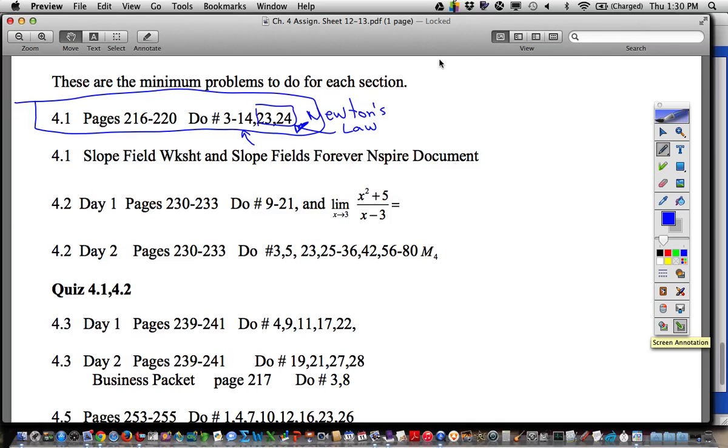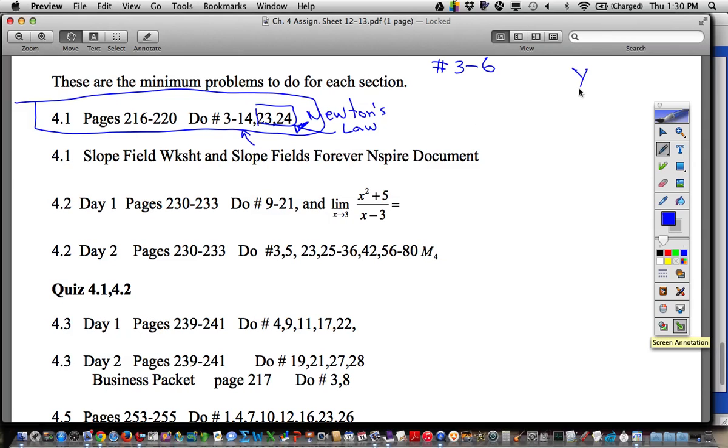And then let me just talk real quickly about 3 through 6, because the wording is just bizarre. They say, find the equation of the tangent line, but they say it in like 4 different ways in the 4 problems. One says find the equation of the tangent line. The next one says show that this is the equation of the tangent line. The next one says verify that this one's, they're all the same thing. Now, what do you mean equation of tangent line?